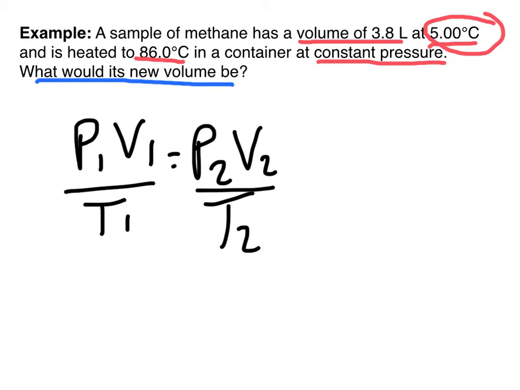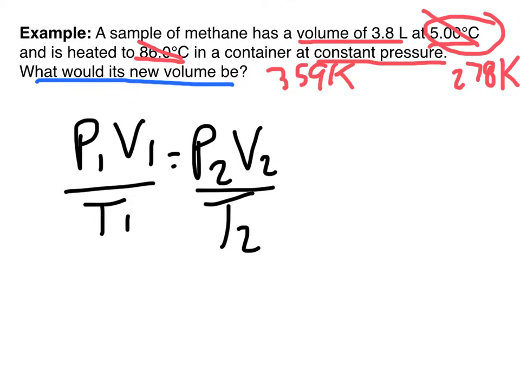In case you forgot, you add 273. So this should be 278 K. What about 86? Again, you add 273. That would be 359 K. Those are both important things. So don't forget, never use Celsius.